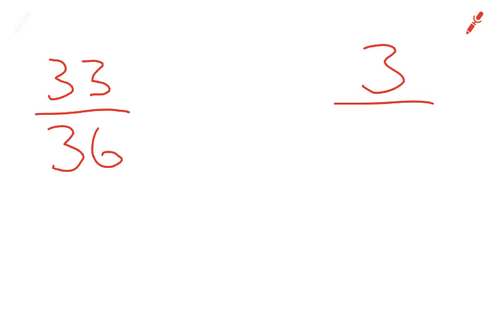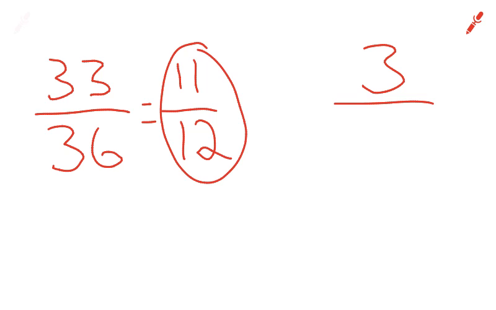And we need to divide the 33 and 36 by 3. 3 goes into 33 11 times, and 3 goes into 36 12 times. So our reduced fraction now is 11 over 12. E, we have 14 over 26.